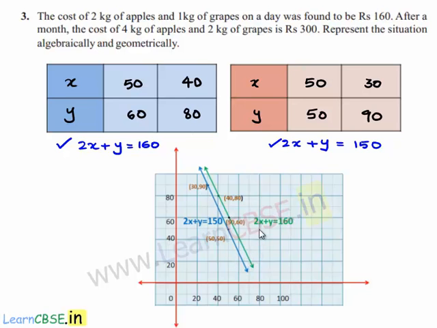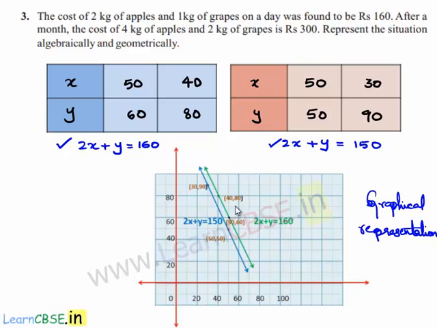And if we join the points 50, 50 and 30, 90, we get the straight line 2x plus y is equal to 150. So this is the graphical representation of the two equations, which are 2x plus y is equal to 160 and 2x plus y is equal to 150.